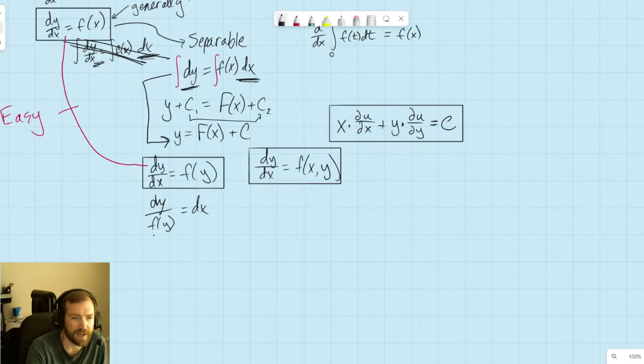And so now we end up with something here which may or may not turn out to be nice in many simple cases, like a linear function, right? If f of y is some sort of linear function, this is just a natural log. And so y would be equal to an exponential because you're going to raise e to both sides.